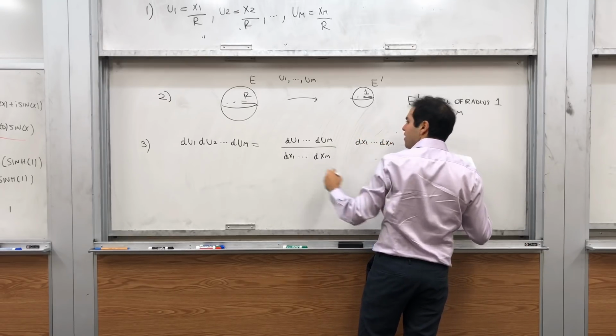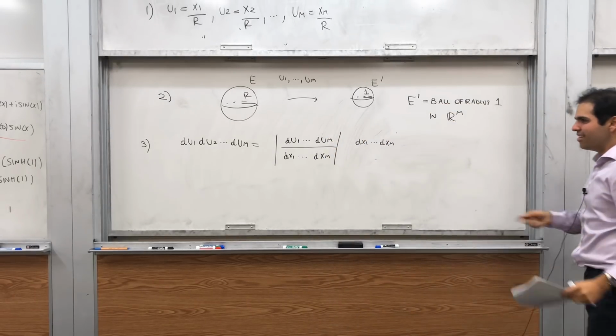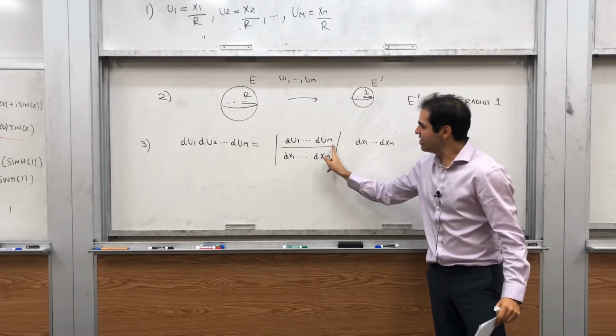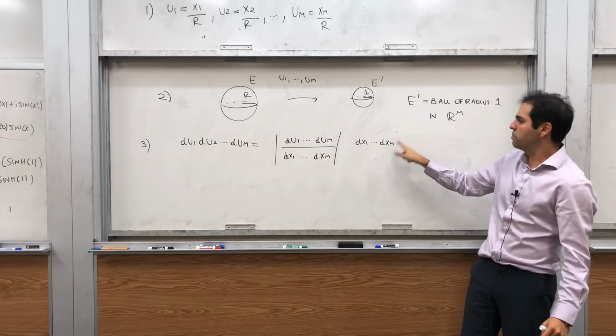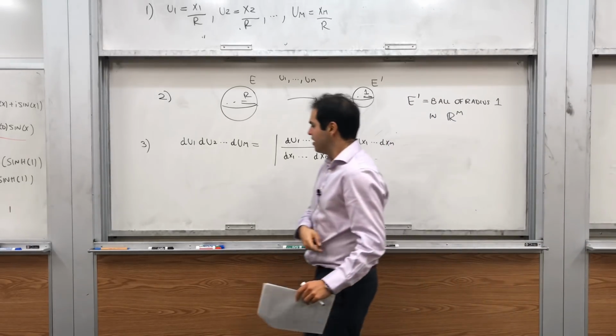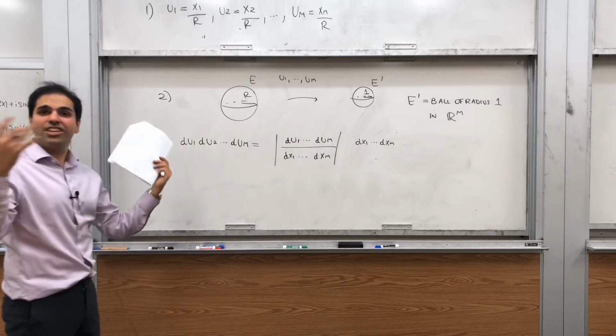And remember about the absolute value. So you can just think of a change of variables as just being a little cancellation, where you cancel out dx1 up to dxm, but you put the absolute values. And what is that? Well, it's just the Jacobian.